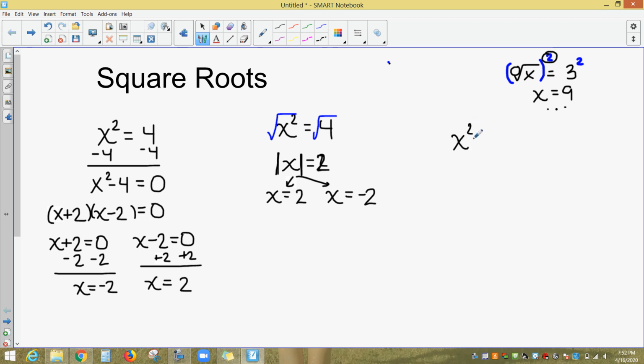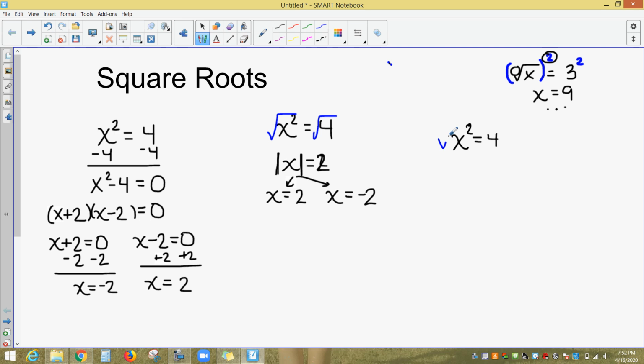I'm going to write this down one more time. If we are solving for x and we want to use square roots to do that, and you like this path that I took right here, feel free to use it every time.